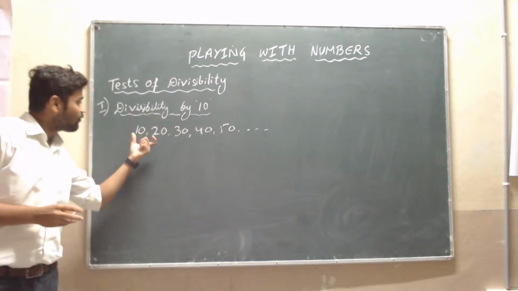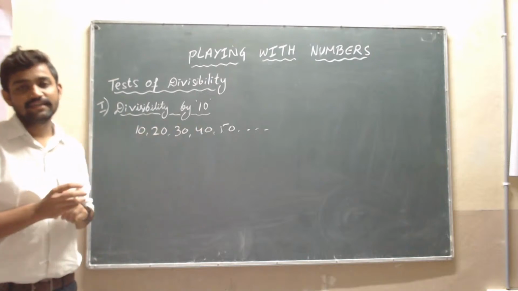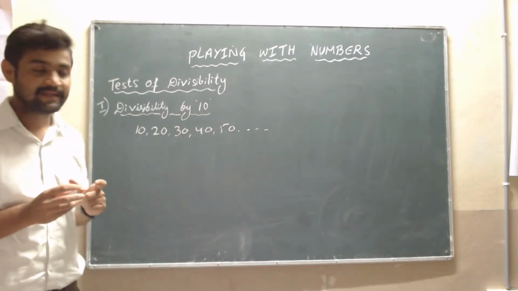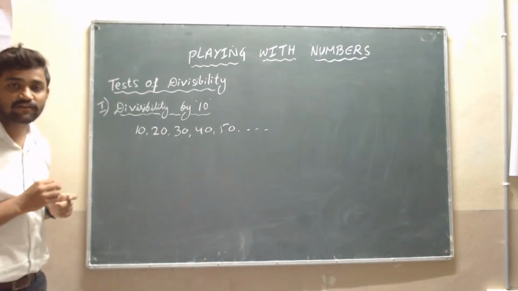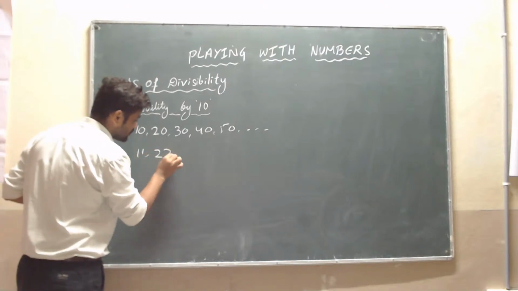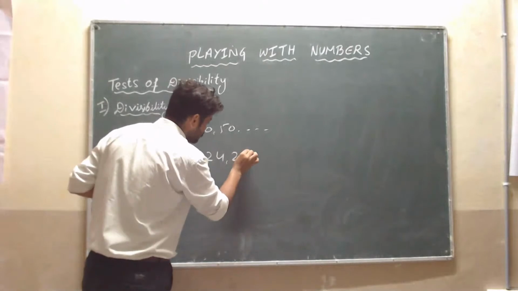These are the multiples of 10. Now see, what are the non-multiples of 10? That is 11, 22, 23, 24, 26, etc.